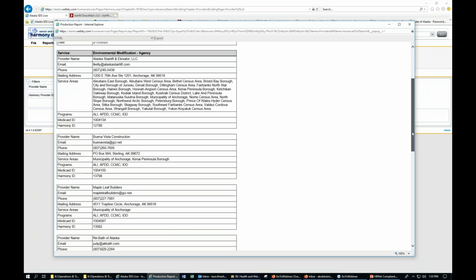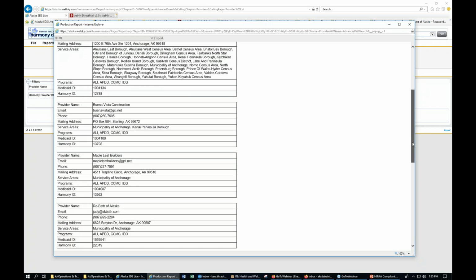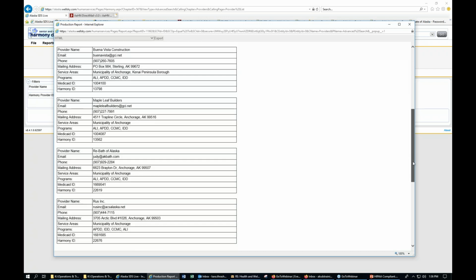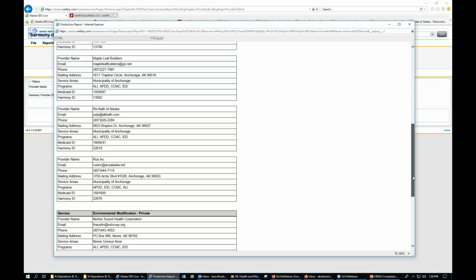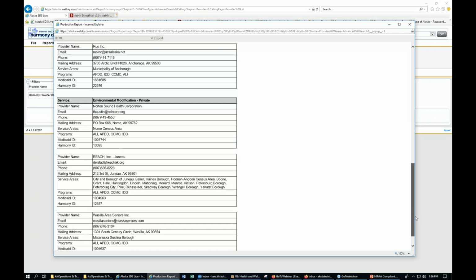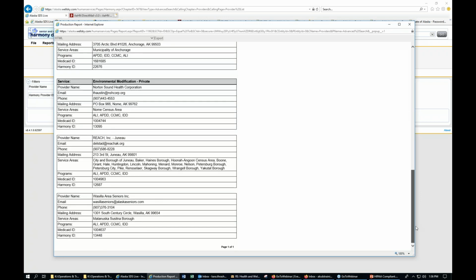It has their Medicaid provider number. We have Buena Vista, which tells you the same thing. Maple Leaf Builders, Rebath, Russ, Norton Sound, Reach, and Wasilla area seniors. Okay. And it tells you where they serve.